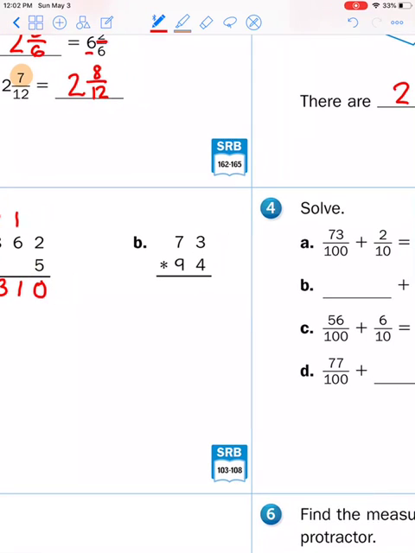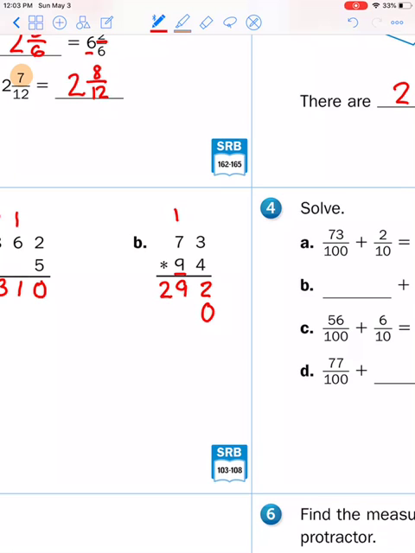Okay, B. 3 times 4 is 12, plus 1. And I know that 7 times 4 is 28, plus 1 is 29. Now remember, this is not a 9, it's 90, so you need that 0 placeholder.